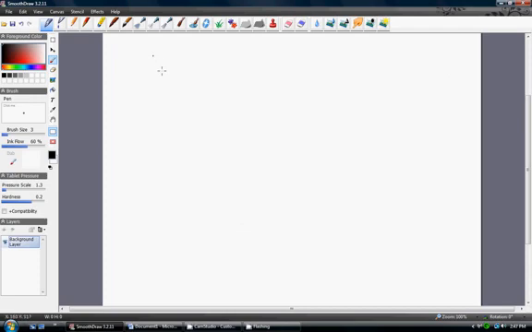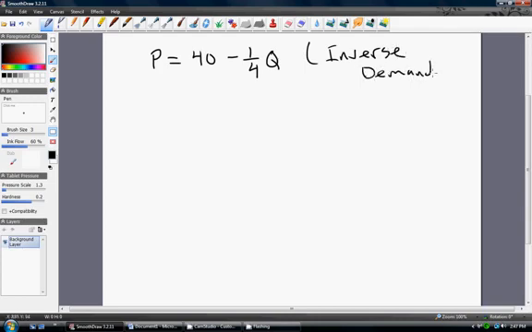On this example, I just want to caution you that sometimes you may be given a demand equation in this form. Instead of having Q on the left-hand side, you have price. In other words, you have price as a function of quantity. So you may be asked to calculate the price elasticity of demand where you're presented with a demand equation in this form. Technically, this is called an inverse demand equation.